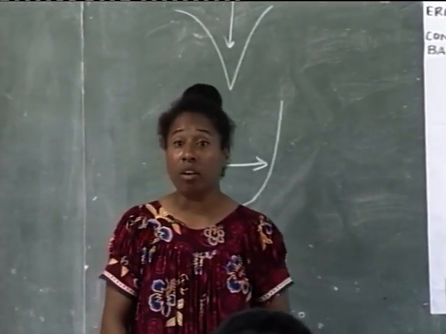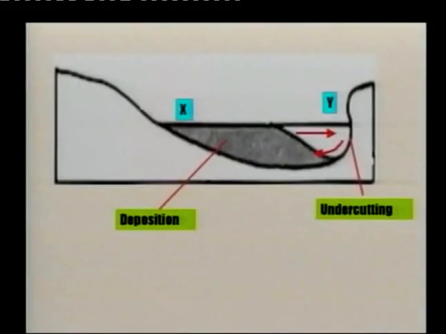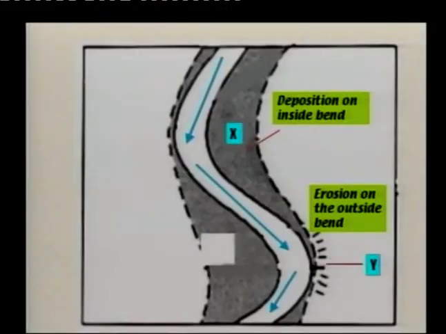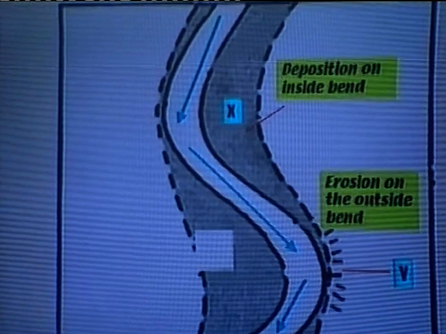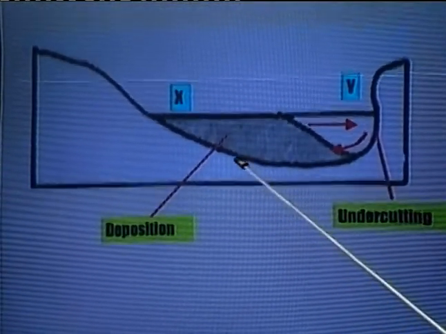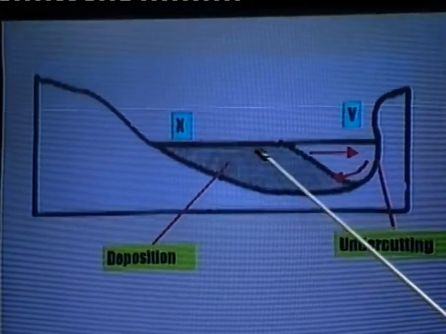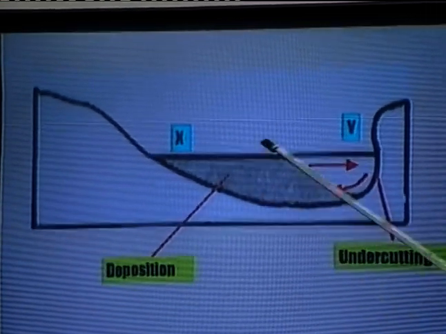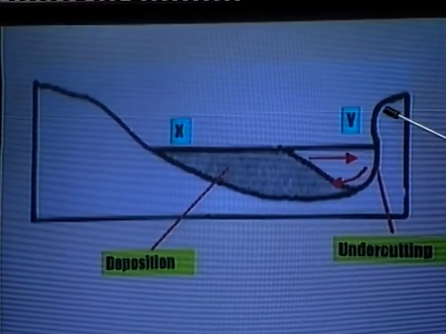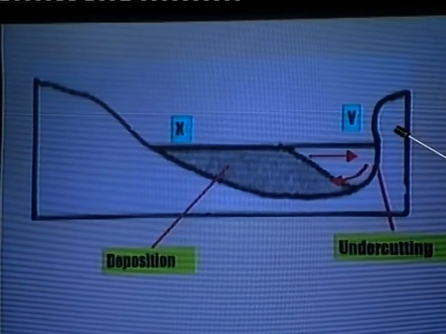If we had to look at a cross-sectional view of that particular diagram, to show the slip-off slope and the river cliff, we can have a cross-section drawn up as shown by this diagram here. And you note this is the area of deposition, so this is where you have the slip-off slope. Meanwhile, this side here, the Y side, will show us the undercutting, and that is where the river cliff is.